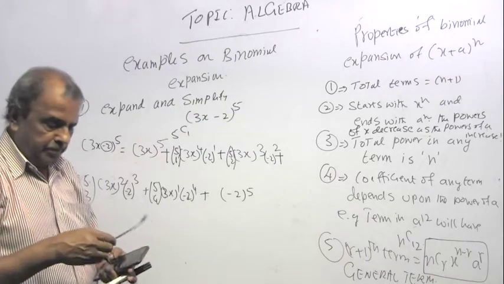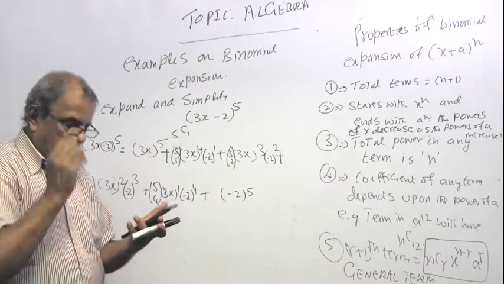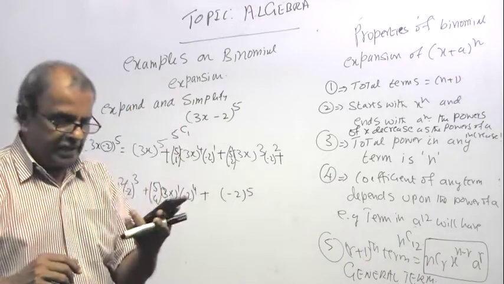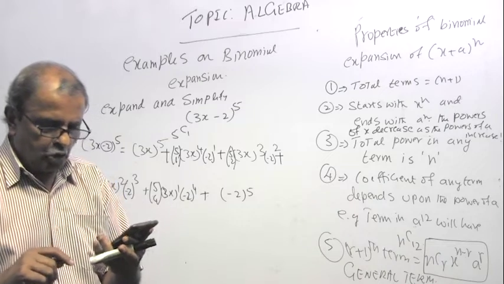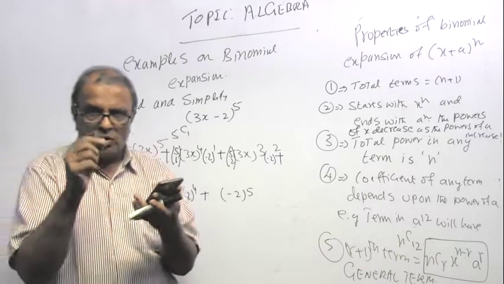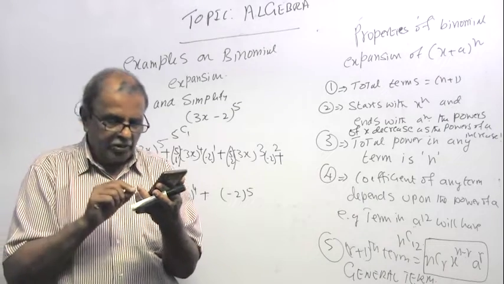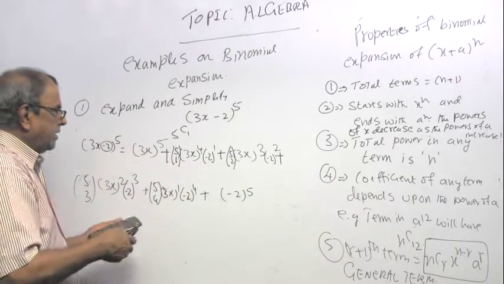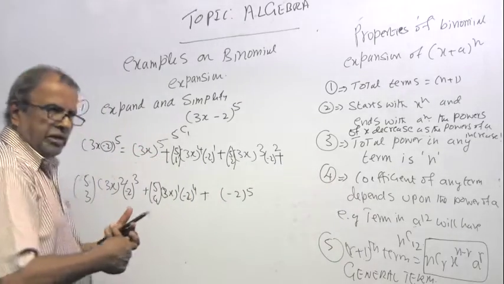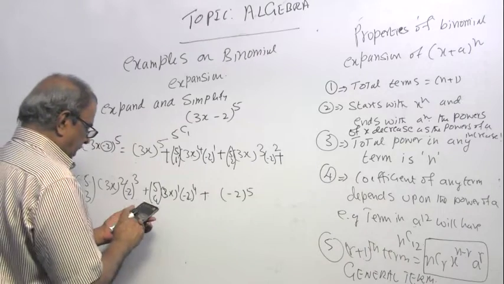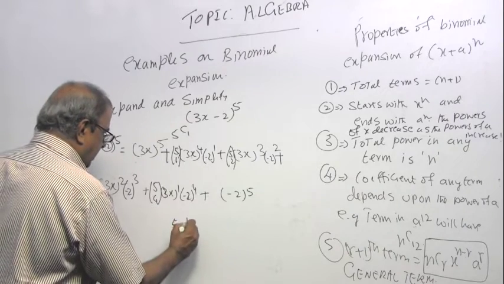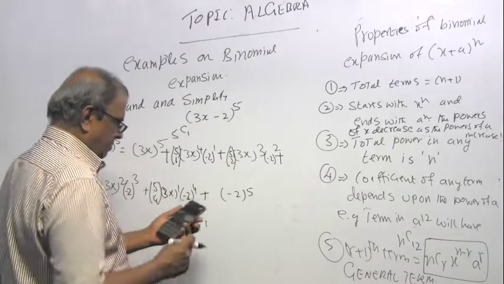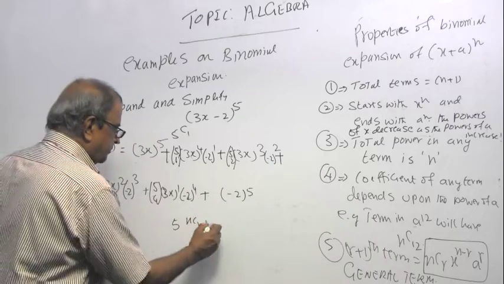Open your calculator. If you have a mathematical or scientific calculator, look at the number 2. Above 2, in yellow or in red, you see the word nCr. So if I want to find 5C1, how will you use your calculator? You write 5, shift nCr, 1, equal to.